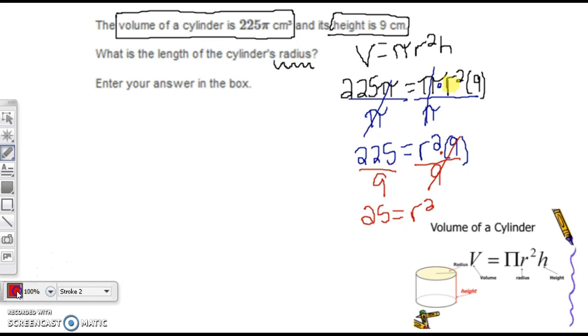And then I'm still not quite done solving for r. Now I have radius squared, but I want just radius. So the opposite of squaring is square rooting. Squares and square roots cancel. The square root of 25 is positive 5 and negative 5, but you can't have a radius that's a length of negative 5. So your radius is going to be 5 units long.